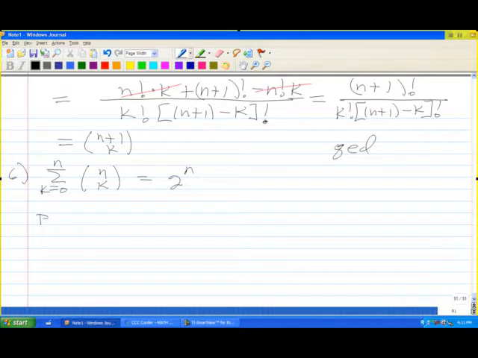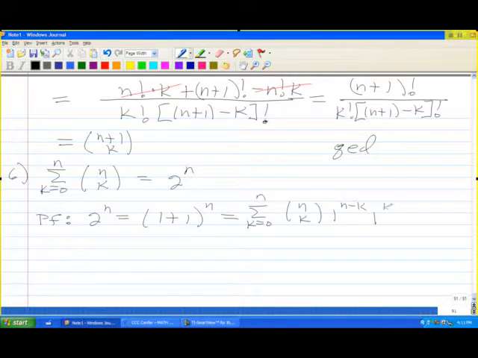Let's show this. 2 to the n. Well, 1 plus 1 is 2. And so let's do the binomial expansion. The binomial expansion is the sum for k equals 0 to n of nCk, 1 to the n minus k, 1 to the k.